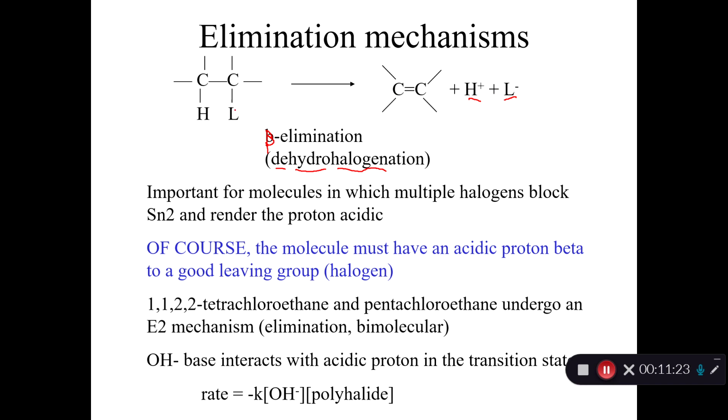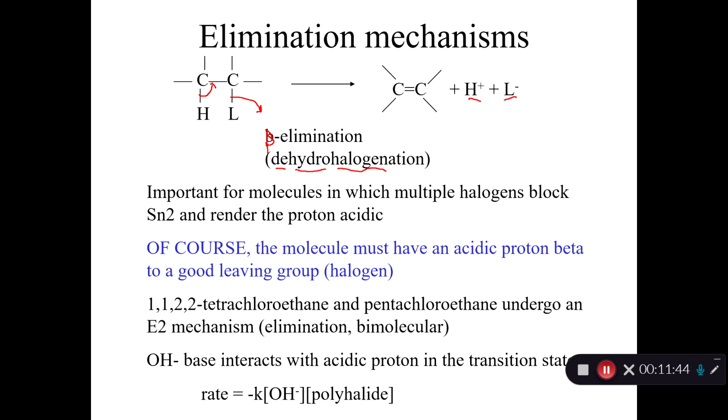We have a hydrogen here, and we have a leaving group. This could be a chloride or a bromide. They both get gone. These electrons don't go with the hydrogen, because the hydrogen's gone as a proton. So these electrons have to go somewhere. These electrons swing in here to create this double bond, and then the L leaves as a leaving group.